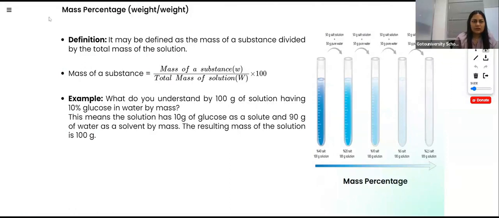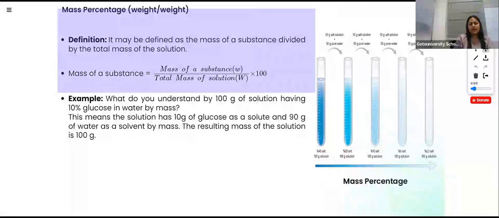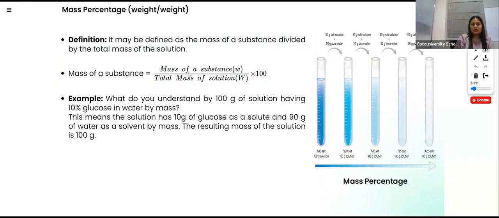mass percentage. So what is mass percentage? It is defined as the mass of a substance divided by total mass of solution, right?